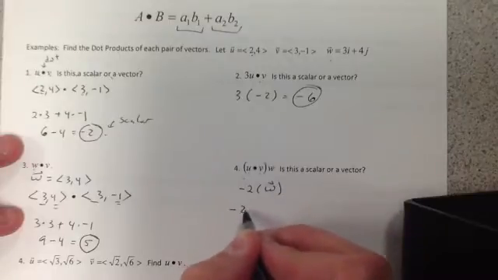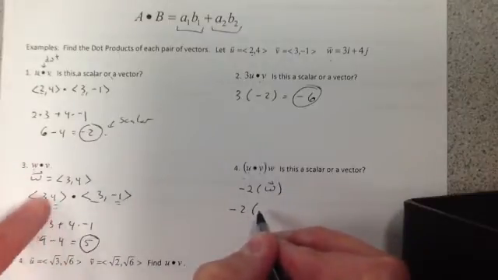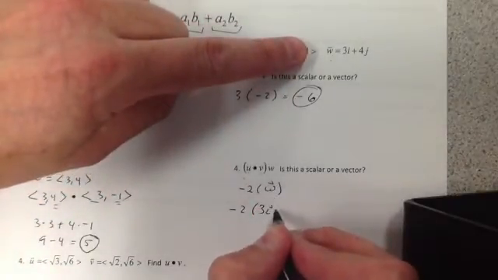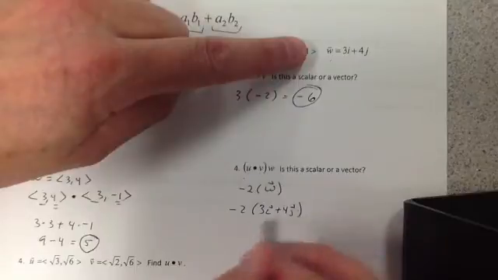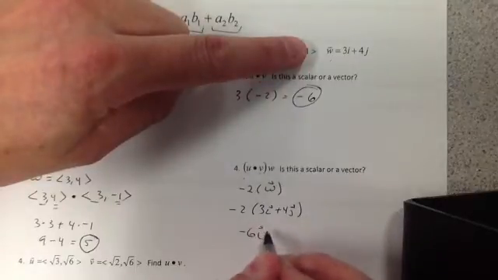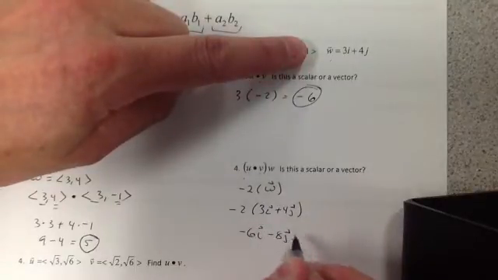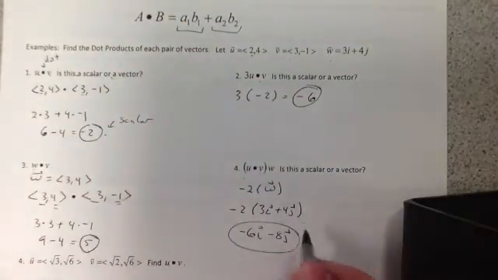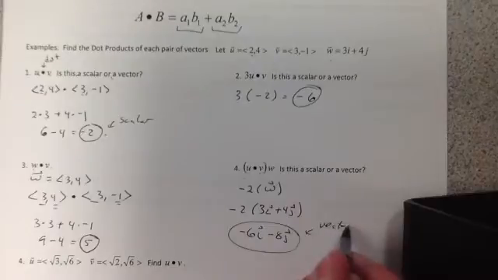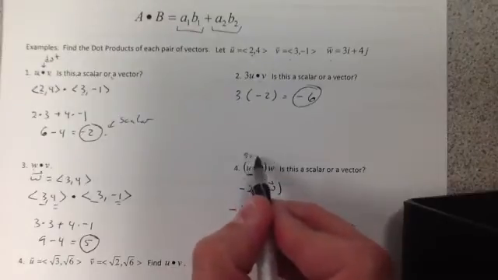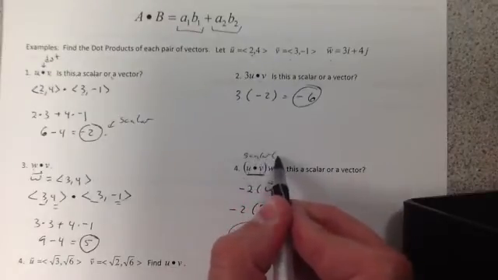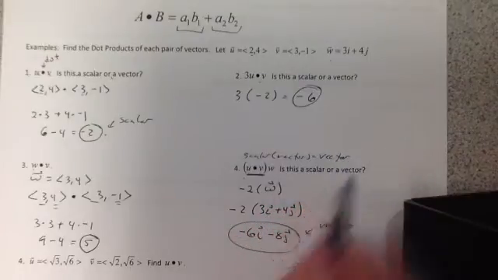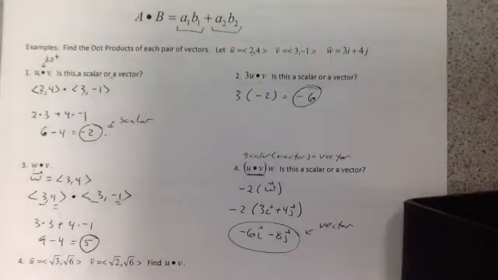Now you can put it in its component form, or you can leave it like it was, 3i plus 4j, and then distribute: negative 6i minus 8j. Now, be careful, is this a scalar or a vector? Yeah, this is a vector. If you take a scalar and you multiply it by a vector, you will get a vector in return. So pretty easy to do.